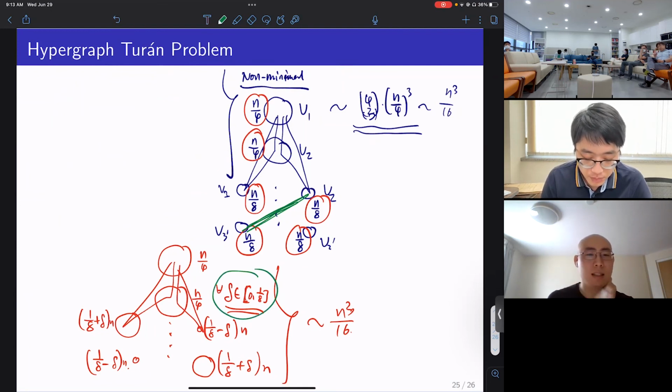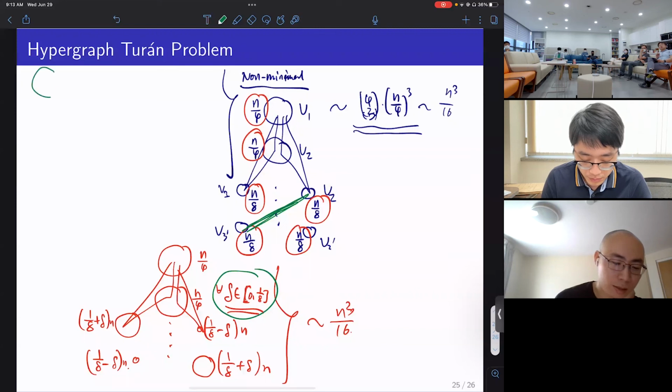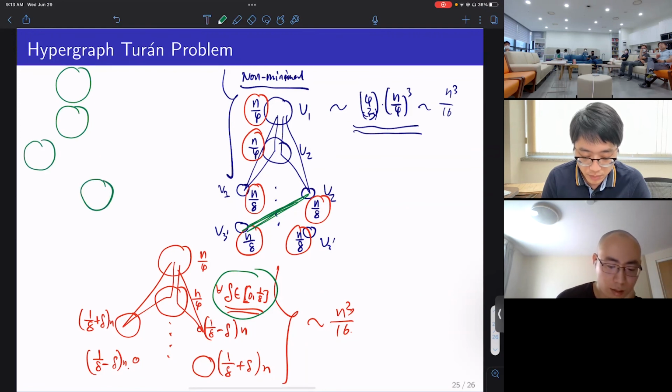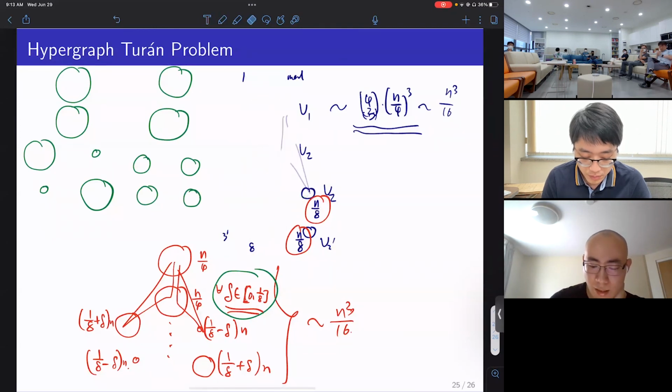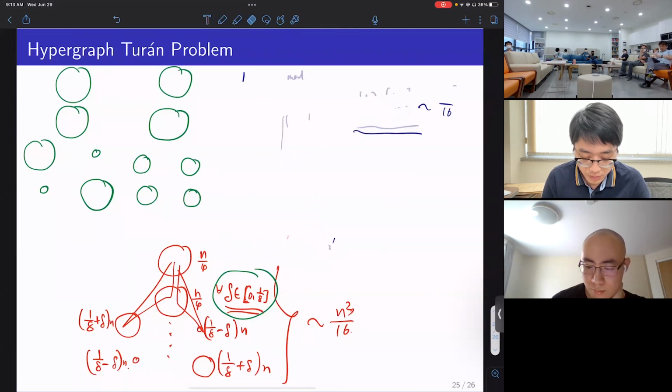You can blow it up in infinitely many ways to get the same number of edges. So our extremal construction would look like this. This will be one of our extremal constructions. This is also one of our extremal constructions. And in general, you can take any blow up.